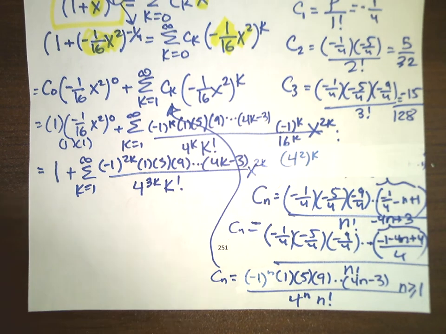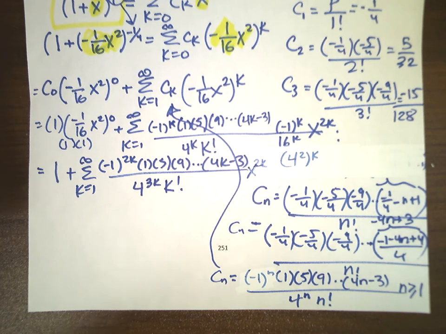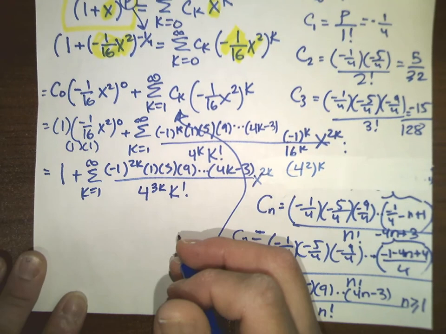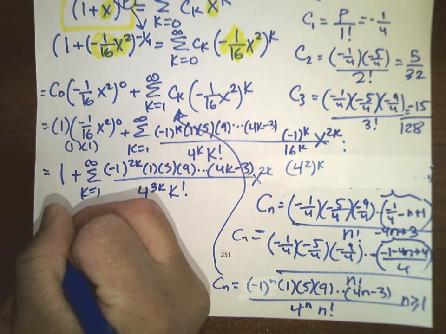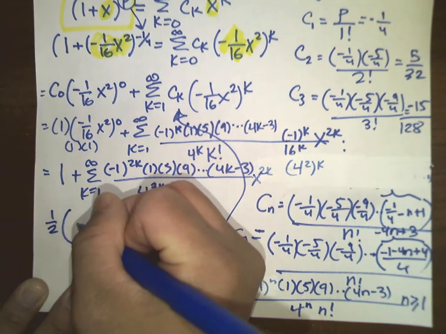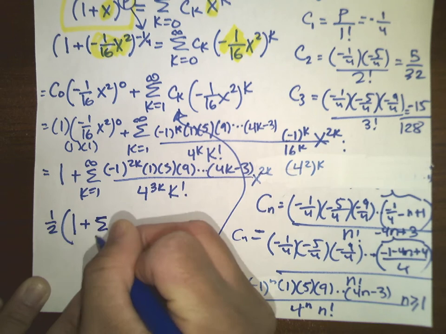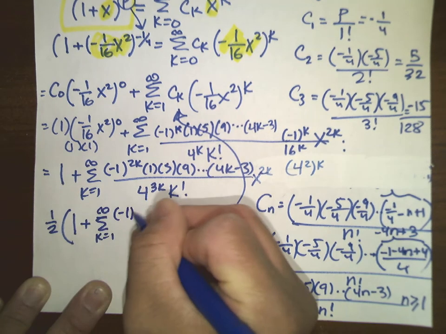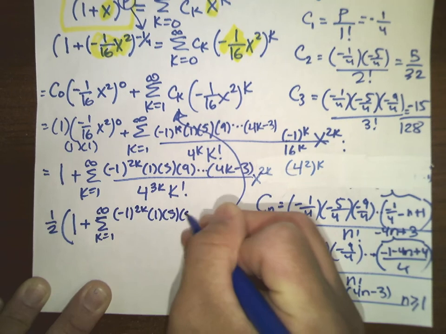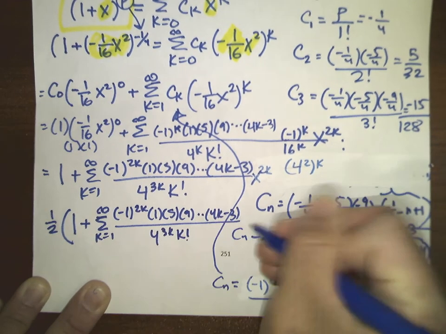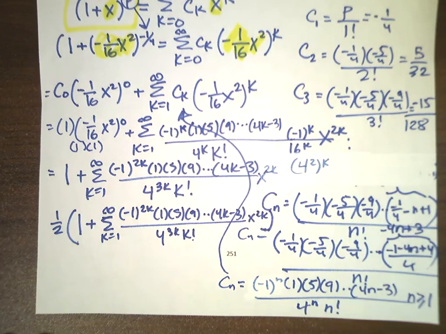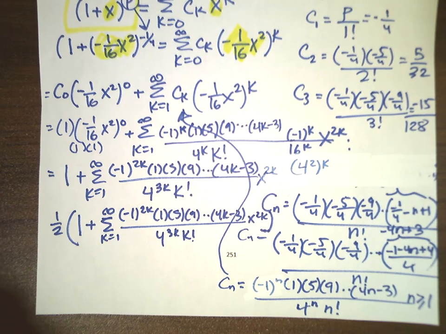All right, so now what I need to do is remember that I still have this 1/2 in front here. So I'm going to take this series and multiply it by a half. All right, so I have a half times the 1 plus the sum k equals 1 to infinity of negative 1 to the 2k, 1 times 5 times 9, all the way to 4k minus 3, all over 4 to the 3k, k factorial, x to the 2k. And then I want to take the integral from 0 to 1 here.